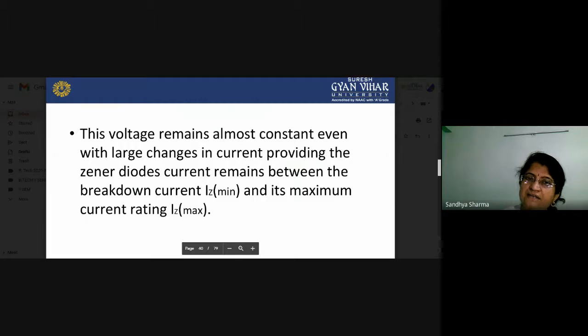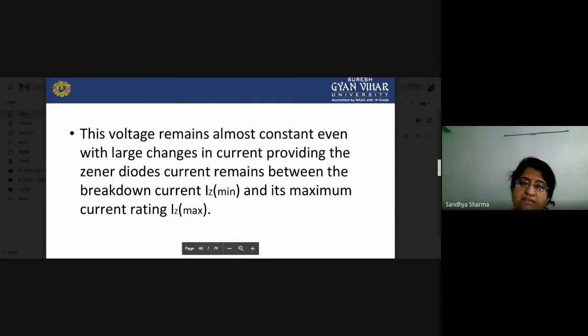Now we will see that the voltage remains almost constant even with large current. The voltage remains constant even as the current rises from IZ min, up to its maximum current rating IZ max.